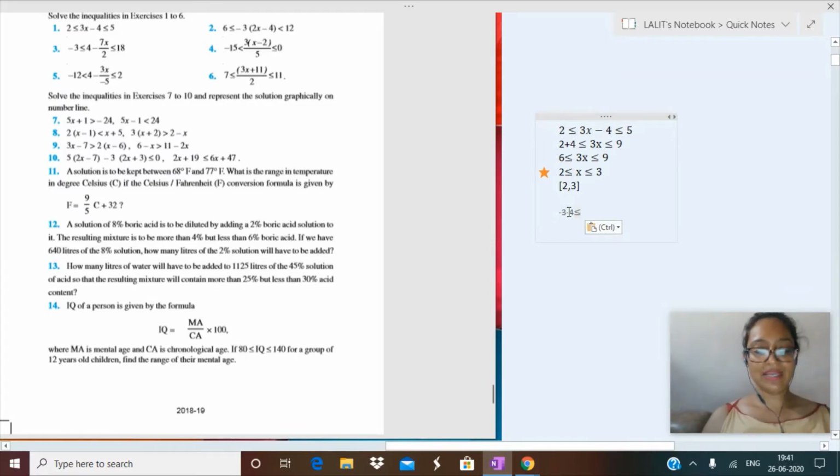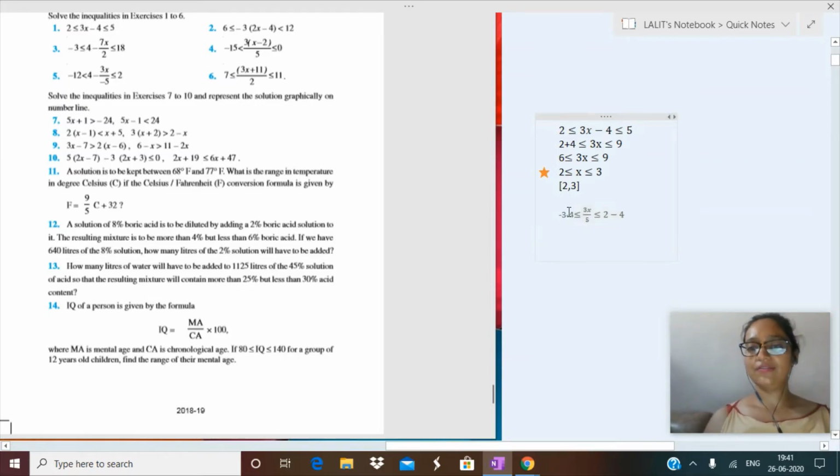Then it will be minus 3x upon minus 5. So this whole thing can be written as 3x upon 5. Minus and minus in the numerator and denominator will get cancelled. Then I'll have again my sign, and we will have it as 2 minus 4, right?